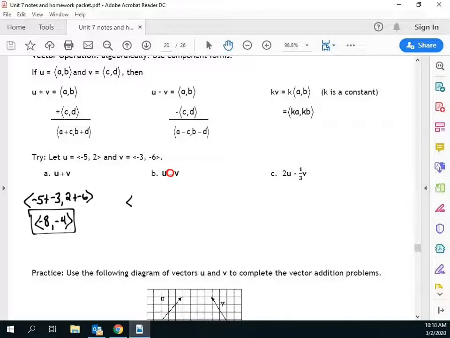So when we do that, we say, okay, negative 5 minus negative 3, you get negative 2. Then 2 minus negative 6. That minus sign is still there, and all we're doing here is subtracting those two components in the order that they are. So you end up with negative 2, comma 8.